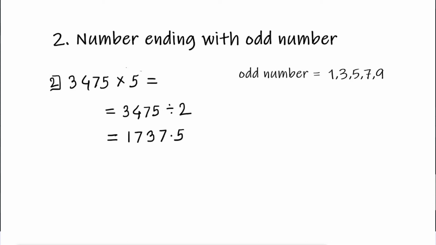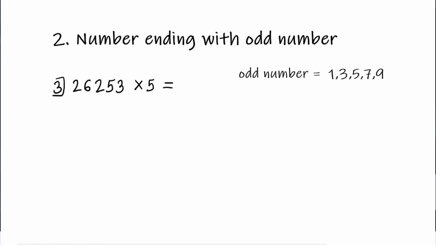Now the second step is to multiply that number by 10. 1737.5 multiplied by 10 is 17,375. So 3475 multiplied by 5 is equal to 17,375.